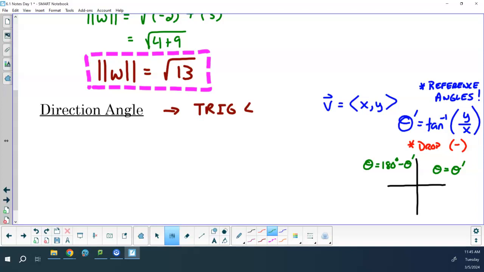If you're in quadrant number 3, actual theta is 180 degrees plus your reference angle. And if you're in quadrant 4, actual theta is 360 degrees minus your reference angle.